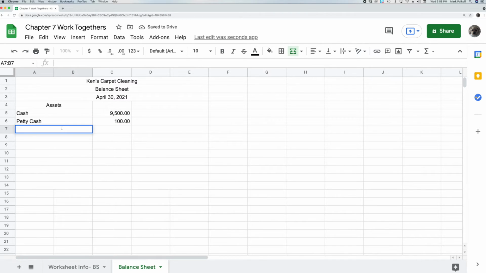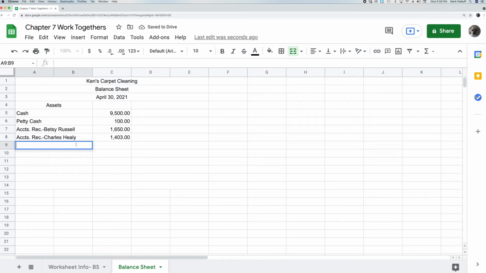After that, the next account is going to be accounts receivable, Betsy Russell. And the amount is $1,650. The next account is going to be accounts receivable, Charles Healy. And the amount is $1,403.